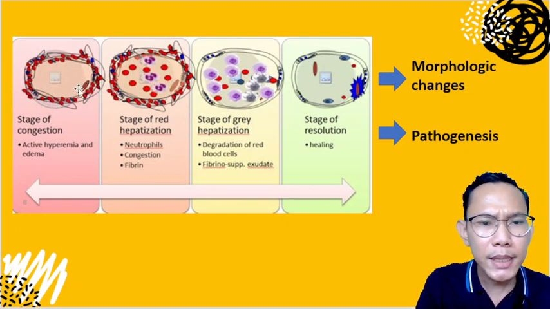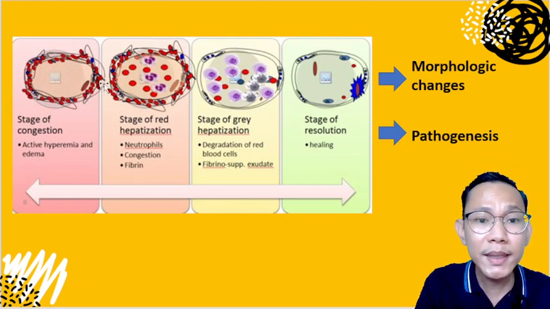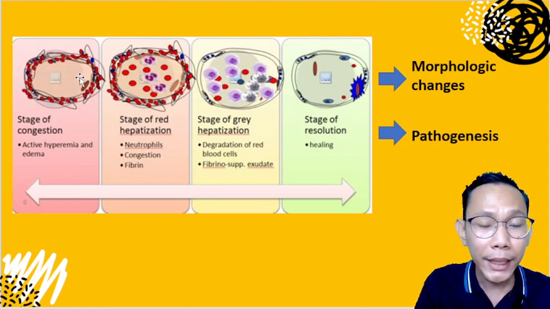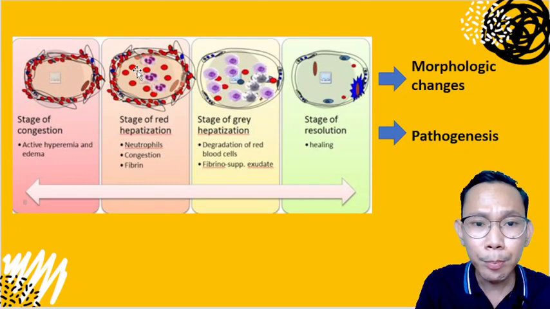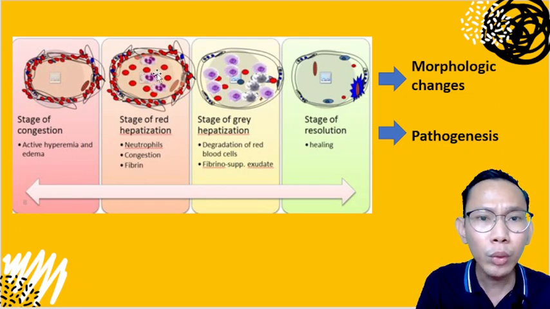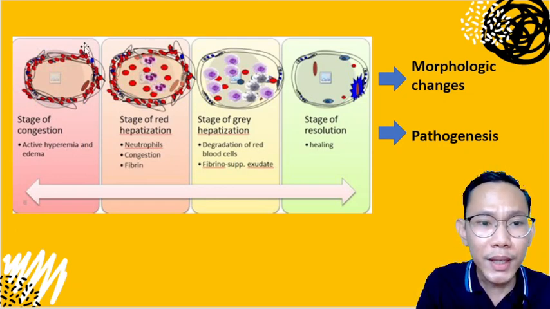If may presence ng bacteria diyan, it will send signals to your other cells para patayin yung bacteria. Of course, dadami ang mga RBC, dadami yung mga WBC, meron ding mga product ng ating mga fibrin. They want to eliminate the bacteria. But what will happen? Nako-congest. Tingnan nyo, nako-congest ang ating alveolus.